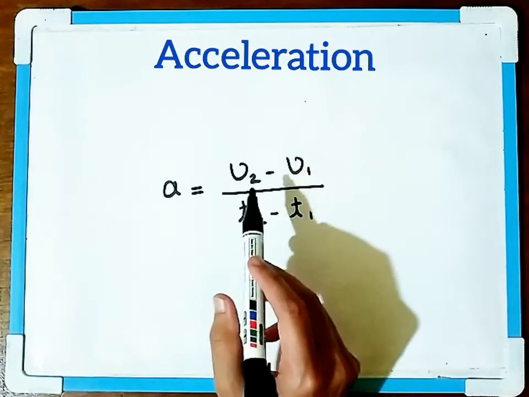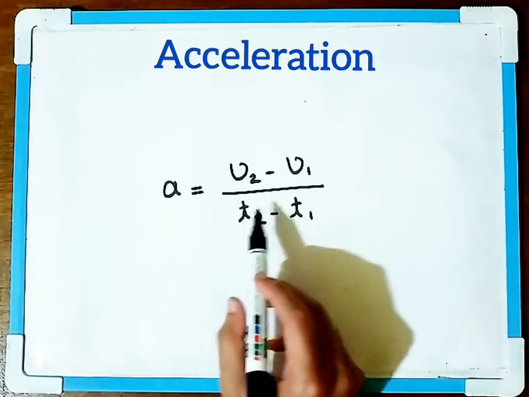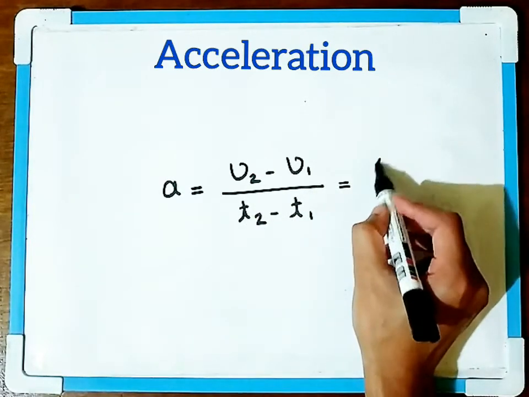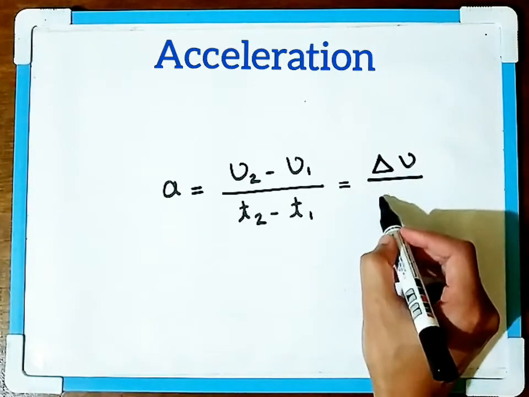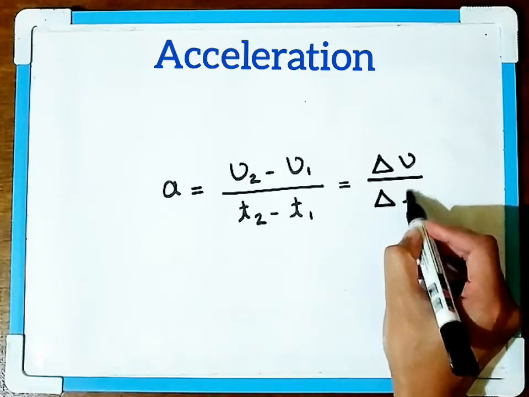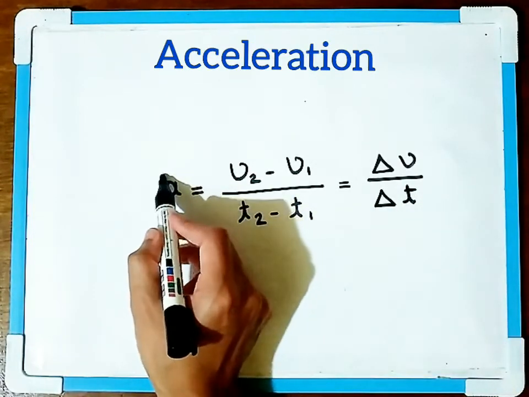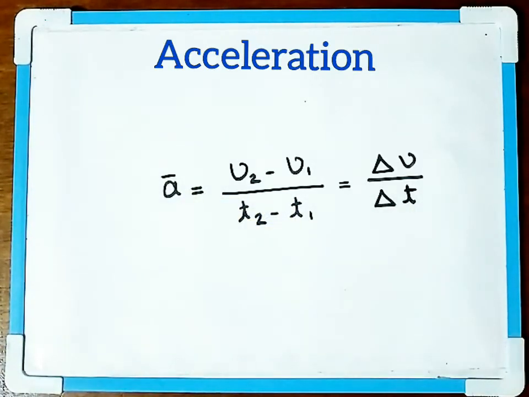The change in velocity is denoted by delta v, and the time interval is denoted by delta t. So the average acceleration, usually denoted by a bar, is equal to delta v by delta t.